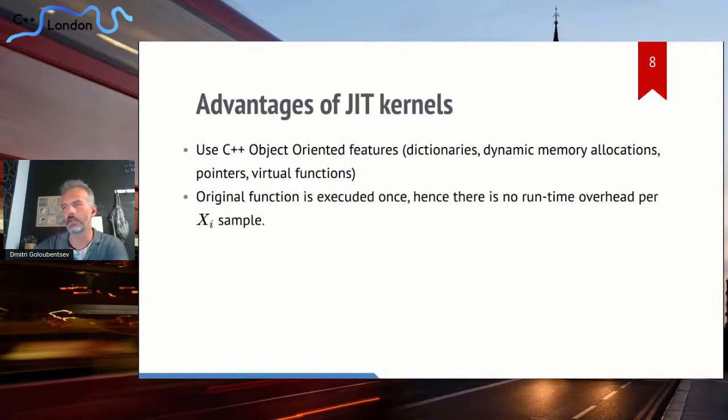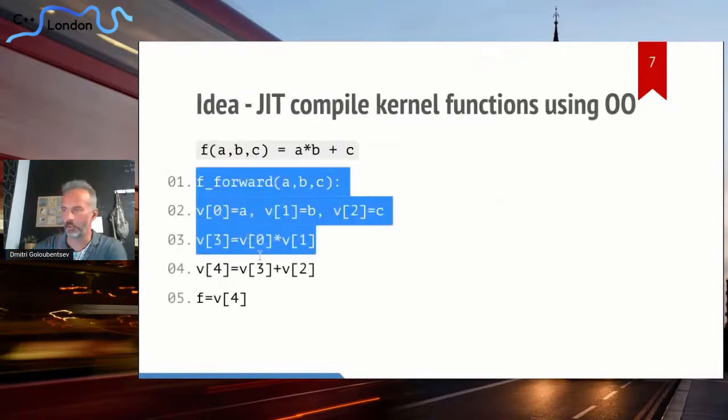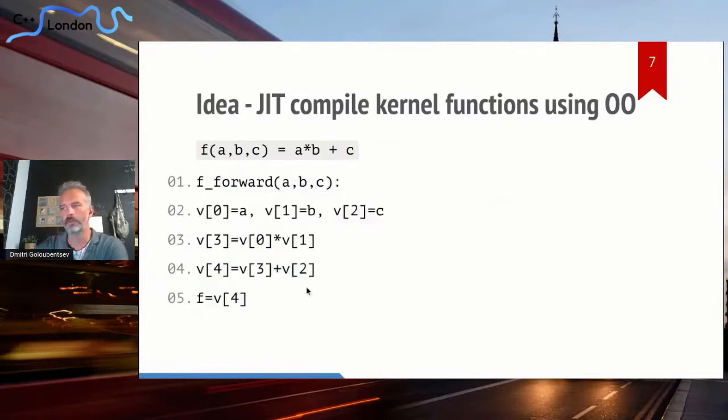But once we have these kernels built, once we have this f forward function compiled in memory, we can call this forward function for our raw inputs for A, B, and C. And these operators are no longer, they're just plain operators from the CPU, right?